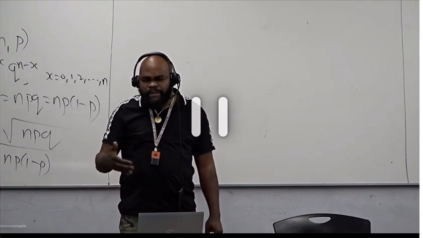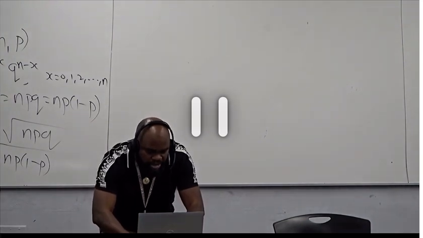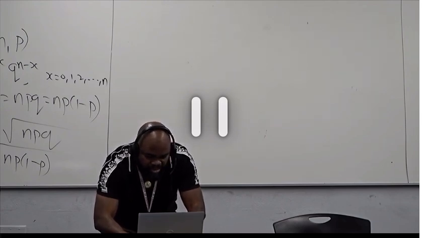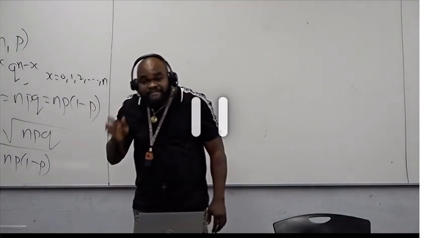Now, what is the probability mass function for geometric? The probability mass function for geometric is this one here. You see, each of them has a different probability mass function.